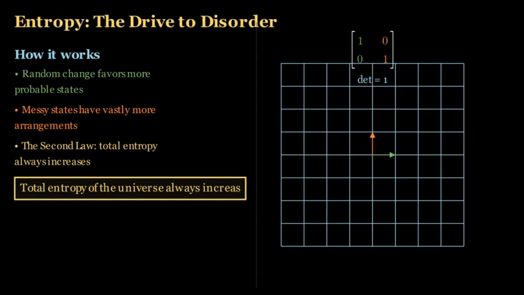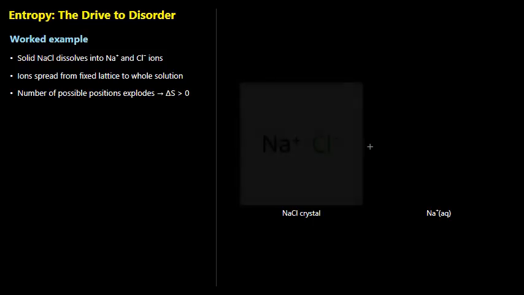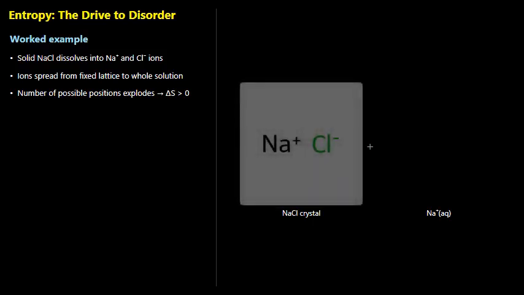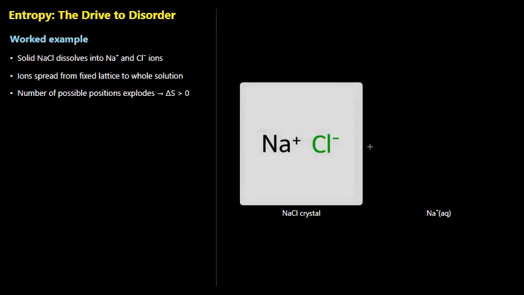Let's make this concrete. Imagine a crystal of table salt, sodium chloride, sitting in water. In the solid crystal, the sodium and chloride ions are locked into a rigid, orderly lattice. There's only one arrangement. When it dissolves, those ions break free and spread throughout the entire volume of water.